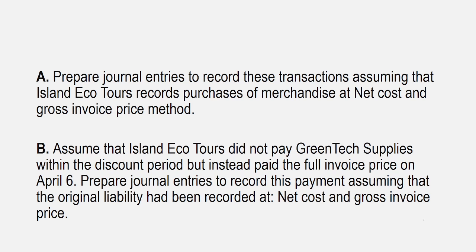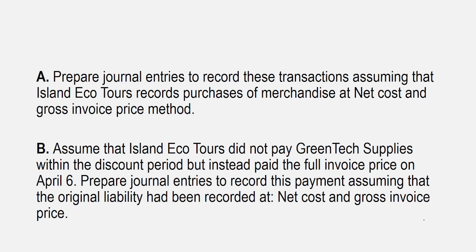First, the net cost scenario. In the net cost scenario, we record the payment based on the discounted amount, considering the discount that Icelandic Tours would have received if they had paid within the discount period. In the next scenario, we use the gross invoice price, where we record the payment based on the full invoice price without considering any discounts.